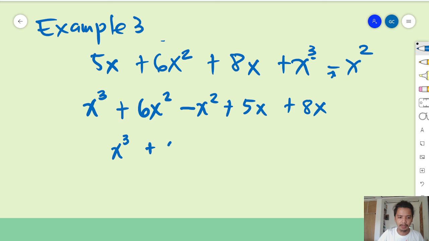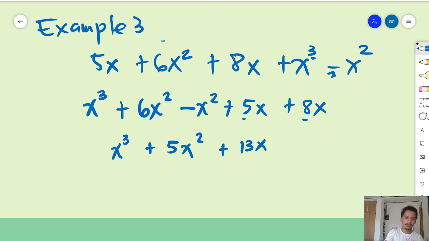Just rewrite yung ating variable, then yung exponent niya. Hindi natin kailangang galawin yung exponent kasi hindi naman tayo nag-multiply. Then, we'll have 5 tsaka 8. So, we'll have 13x.